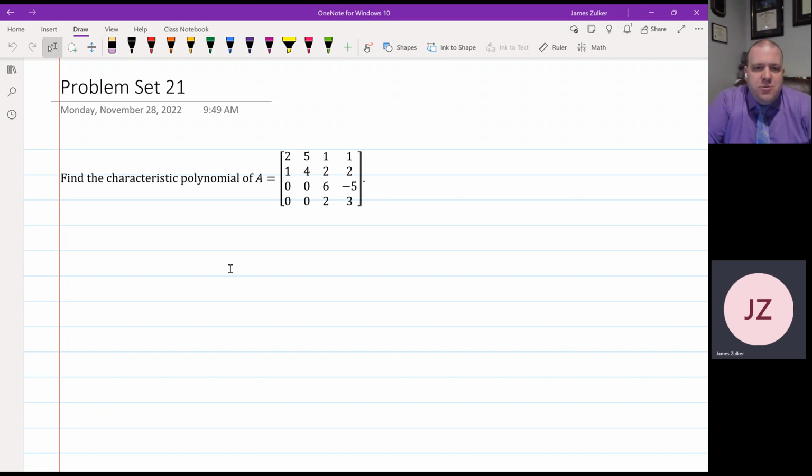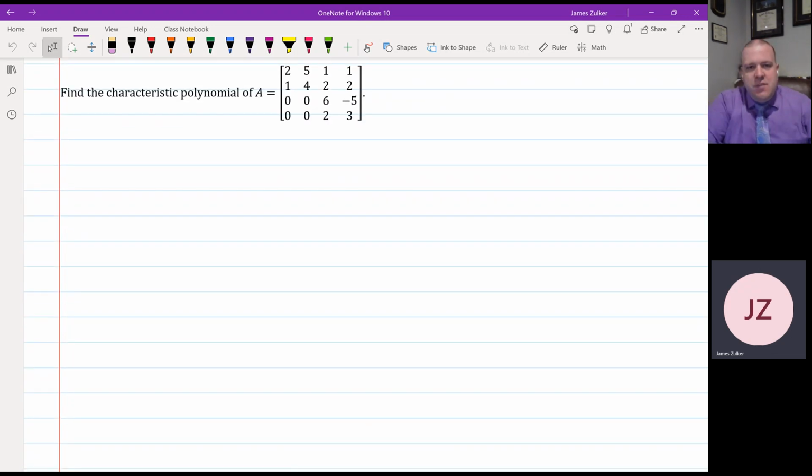All right, so the first thing we're asked to do is find the characteristic polynomial of this 4x4 matrix. You should recall that the characteristic polynomial of a matrix is the determinant of lambda I minus the matrix, where lambda is just some constant, I is the appropriate identity matrix, and of course A is our matrix.